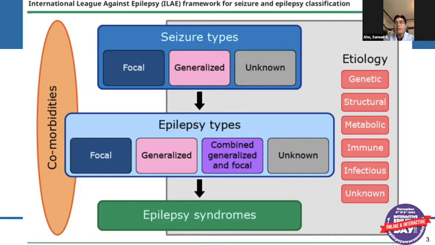And with the epilepsy type, we consider other comorbid conditions such as developmental delay, intellectual disability, autism spectrum disorder, depression, bipolar disorder. And these comorbidities invariably affect the epilepsy itself. And when we think about the underlying cause or the etiology, which is what I really want to focus on today, there may be multiple different causes for any epilepsy type. It's quite complex, but I hope I can clarify some of this here.